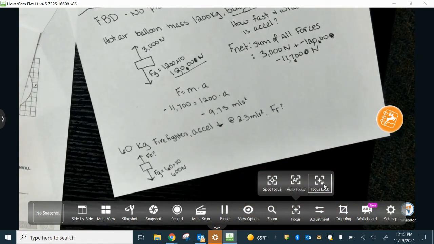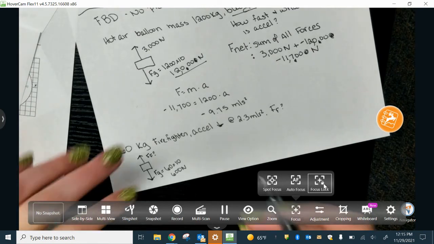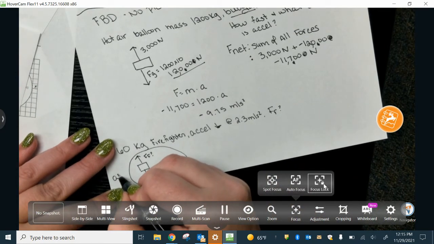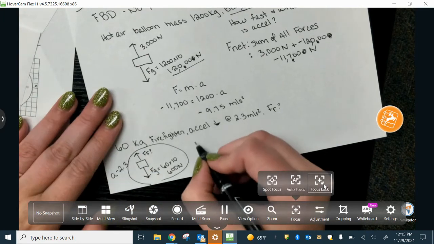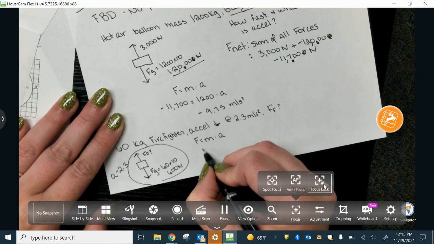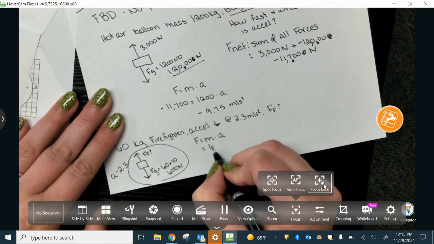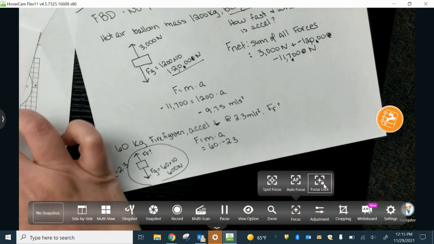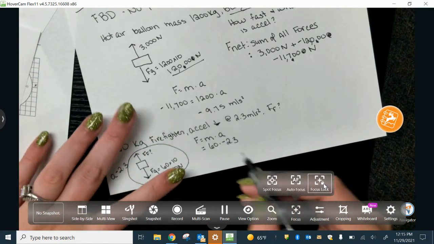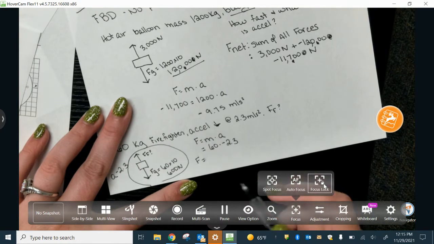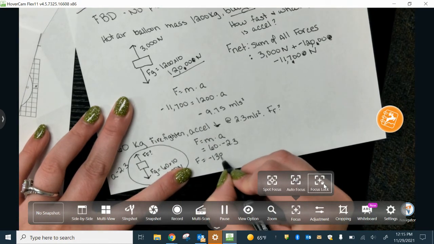So what I'm actually going to do is solve for the total force and then use that to find my frictional force. So this whole thing is accelerating at negative 2.3. So my force on all of them, that F net, is equal to negative 138 newtons.